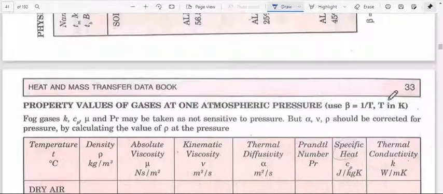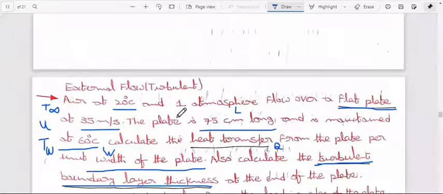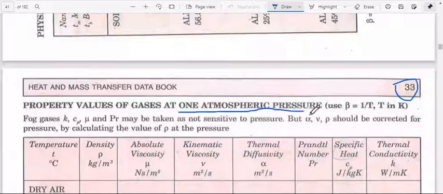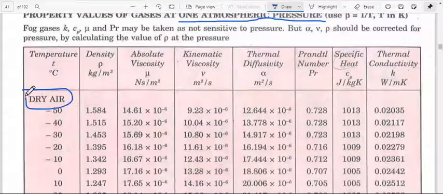Here the air is at 20 degrees and 1 atmospheric pressure, so the property values of gases at 1 atmospheric pressure, so we consider dry air properties.